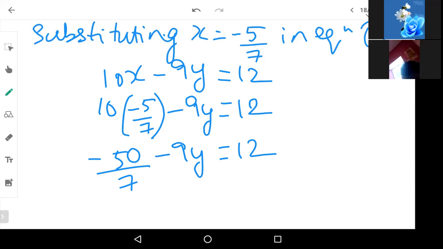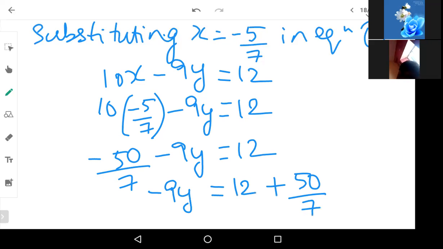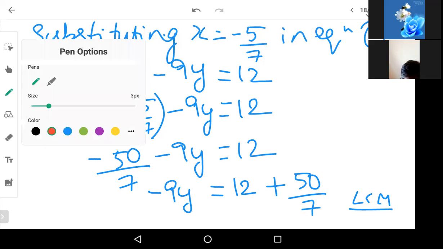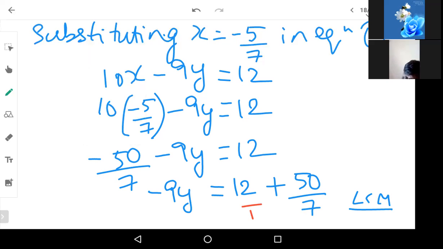Okay, now I'm going to keep minus 9y here and I'll take this to the other side. So what will it become? 12 plus 50 by 7. Now here in this part I am supposed to take the LCM. So which means this will have the denominator of 1.